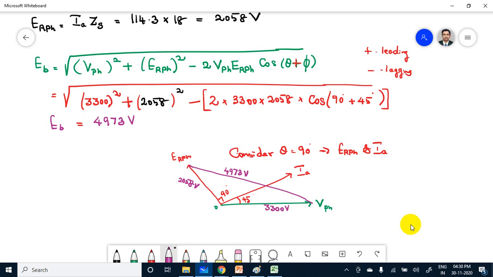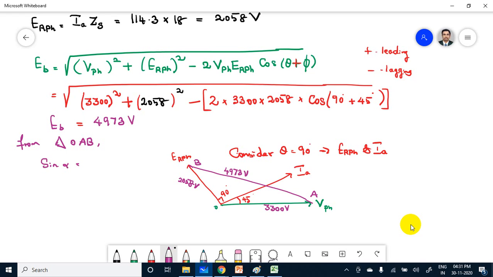Now how do we find alpha? I can mark the terminals 0, a, b, so it looks like a triangle. From triangle 0 a b we can get sine alpha. Sine alpha is opposite by hypotenuse, right?